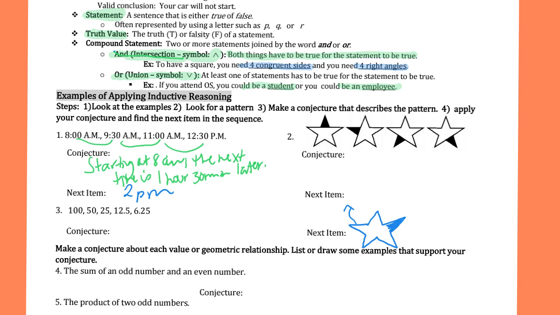And so our conjecture is this. Start with a star with the shaded top. Okay, you see how the top is shaded?